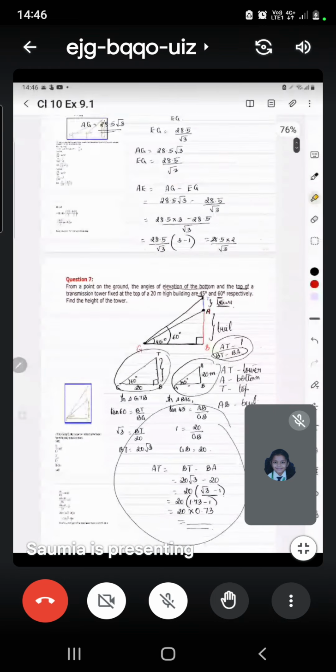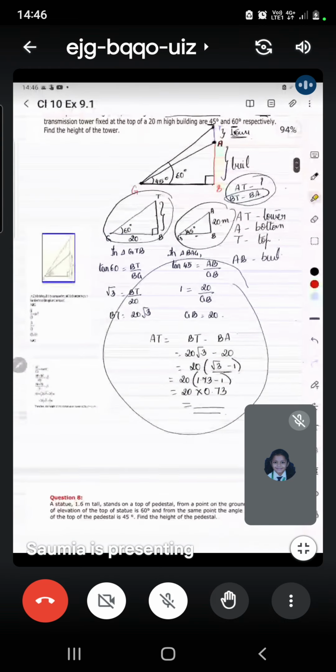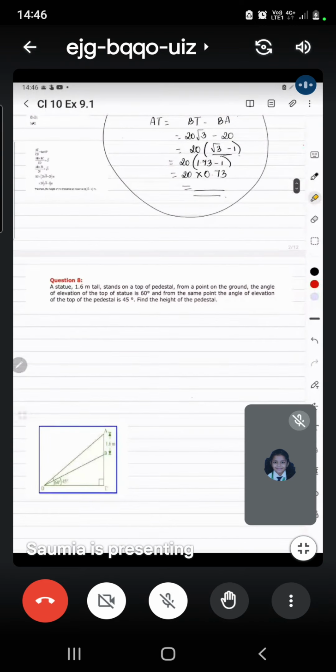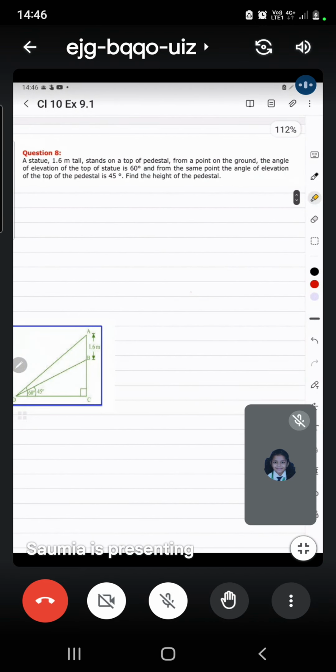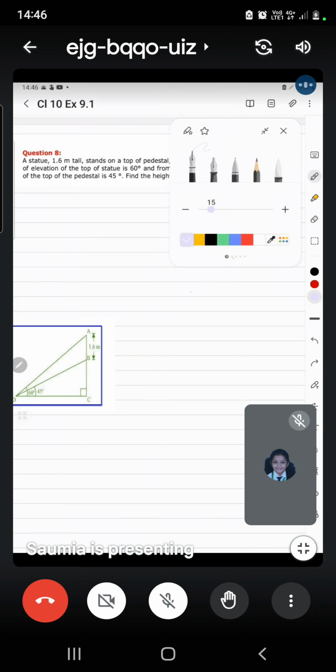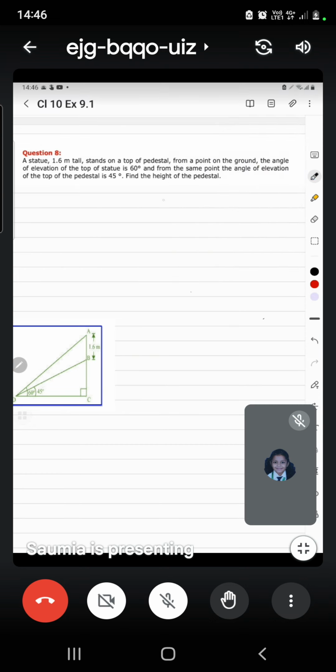Now, the next, this one we did, right? Yes, ma'am. Let's try this. A statue, 1.6 meter tall, stands on top of a pedestal. That means I have a statue, a 1.6 meter tall statue.